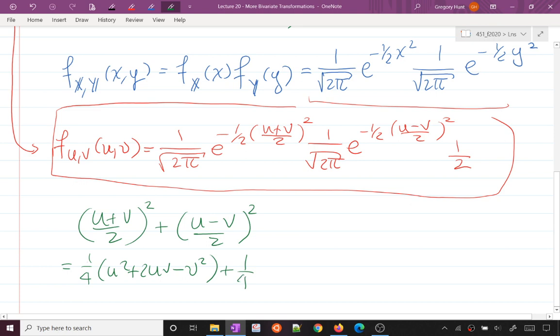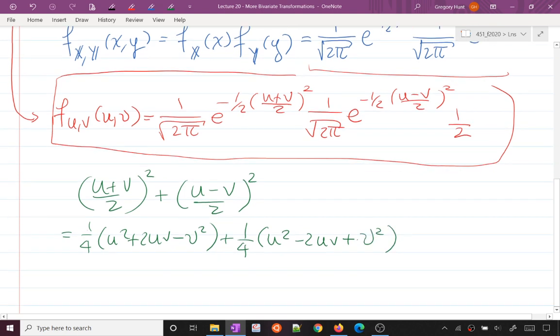We get another fourth, and then we get u squared minus 2uv plus v squared. And if we were to add those together, we would get 1/2 times u squared plus v squared.